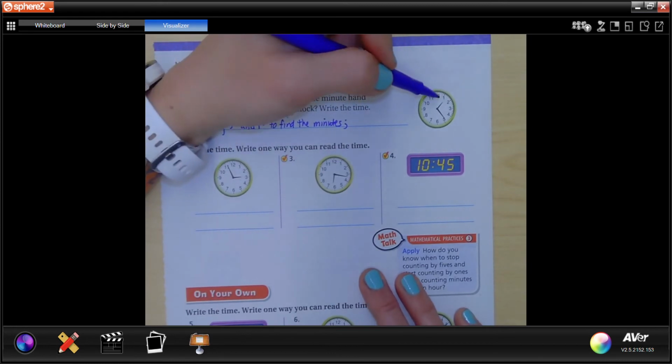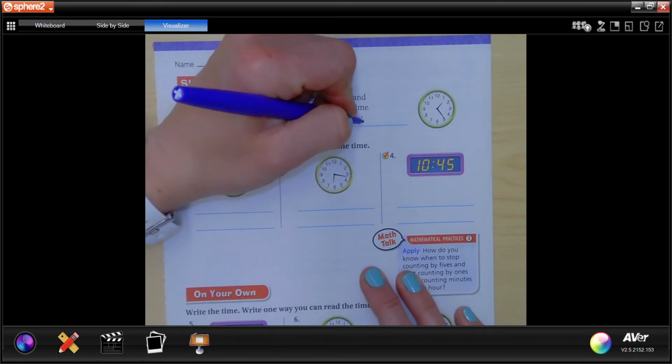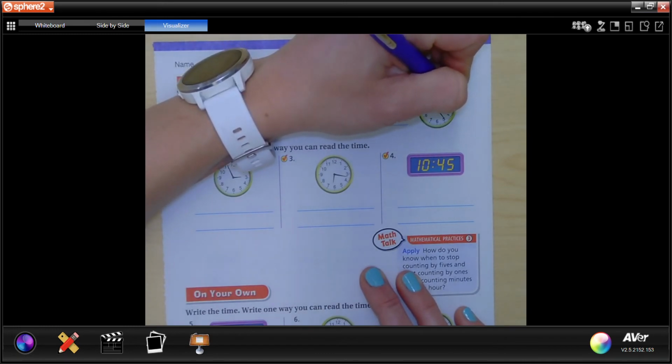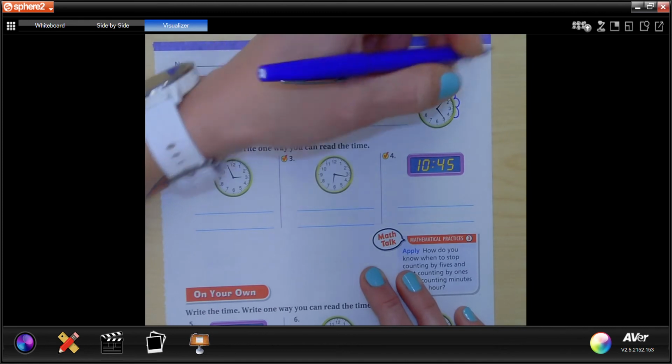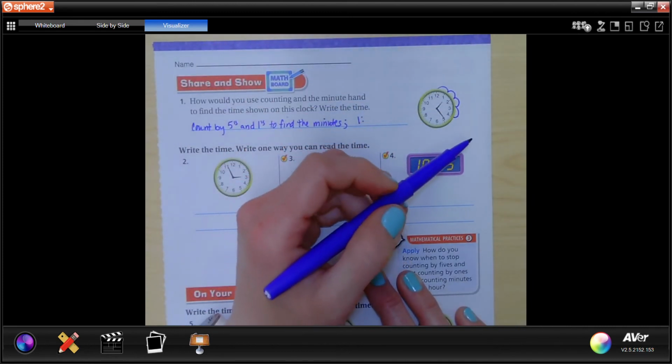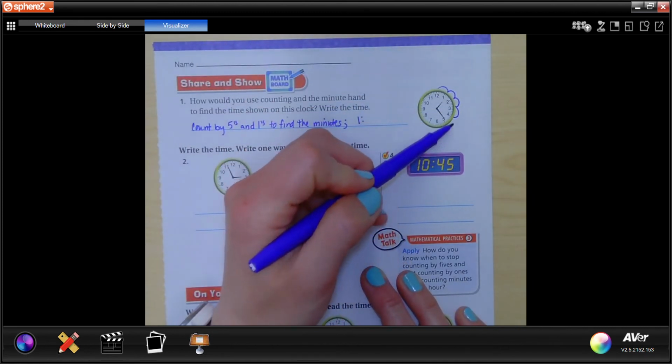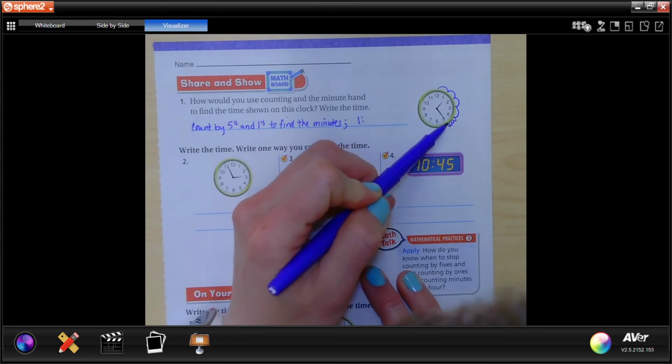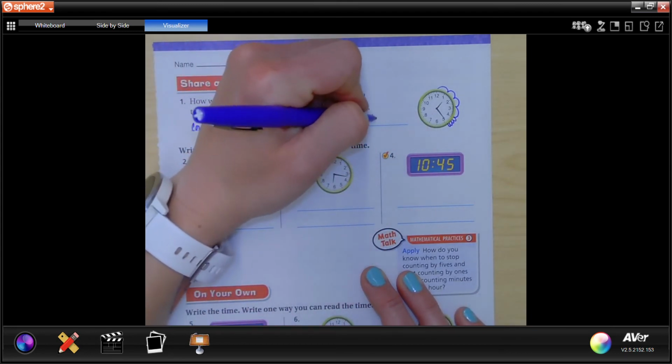So we know that it's between 1 and 2, so it's 1, let's count, 5, 10, 15, 20, 21, 22, 23, 24, 1:24.